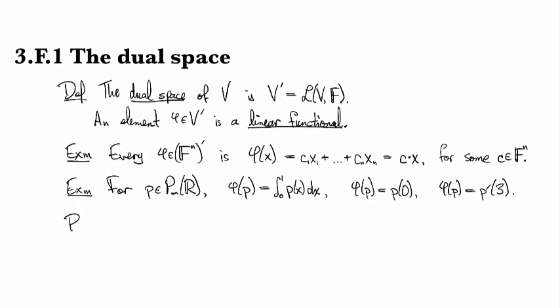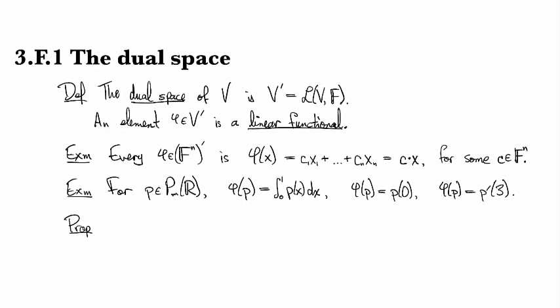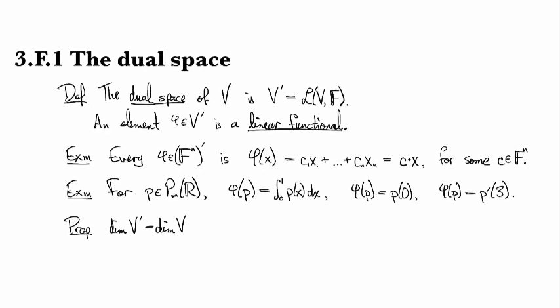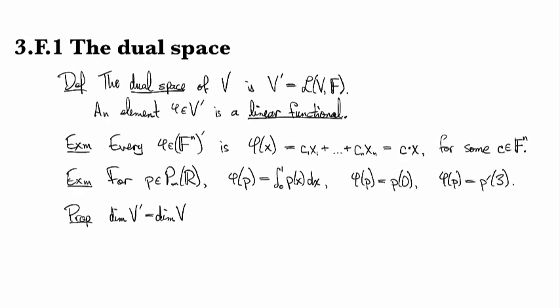And for our first baby proposition about these things, we have that the dimension of V prime is equal to the dimension of V. And this is actually immediate by a previous result. So let's take a look.